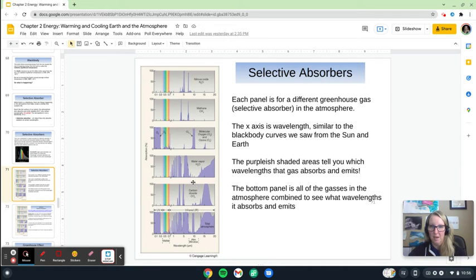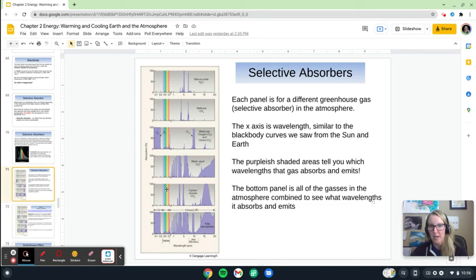We're really just going to focus on water vapor and carbon dioxide. But these are just panels of the same plot showing what wavelengths these different things absorb and emit at, and so where they're selective absorbers. This shows the whole atmosphere together. We'll get into that in a minute.